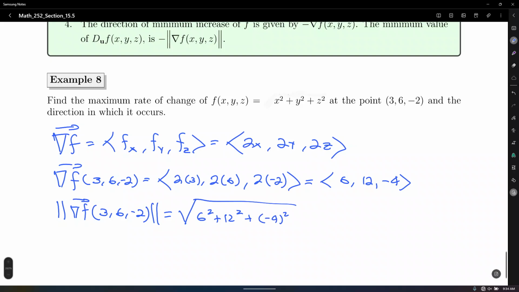So 36 plus 144, that's 180, 196, which is a nice number, by the way. That's 14.